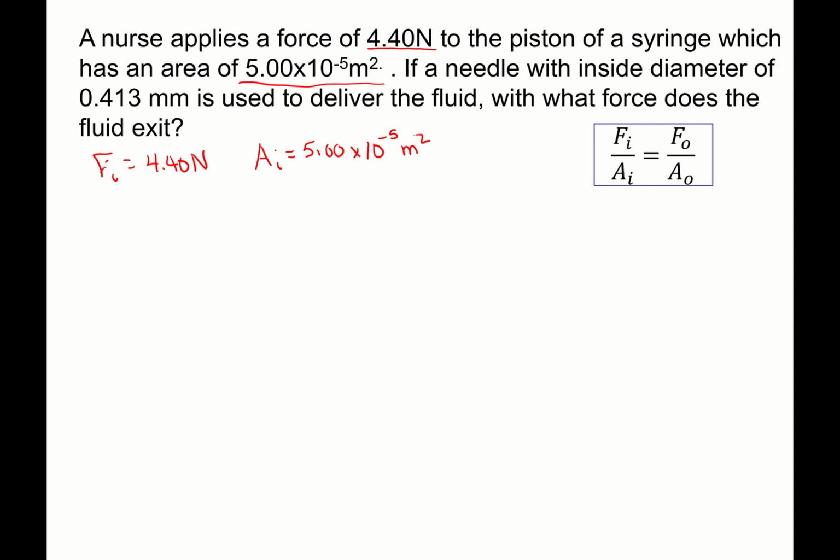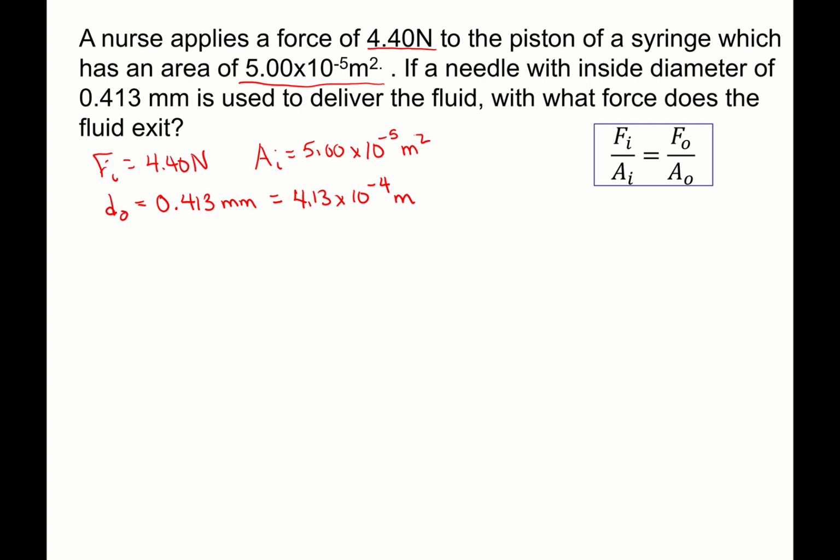If a needle with an inside diameter of 0.413 millimeters is used to deliver the fluid, so that's the diameter of the output in millimeters. Remember, I've got to divide by 1,000 to convert that into meters. So I get 4.13 times 10 to the minus 4 meters.